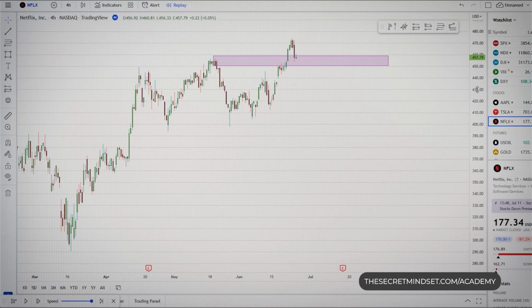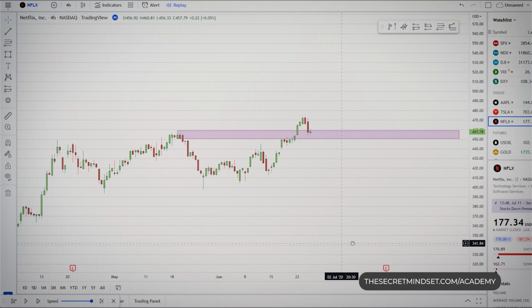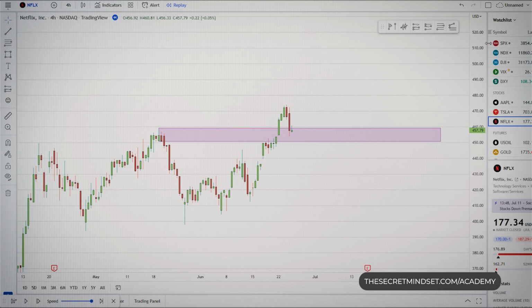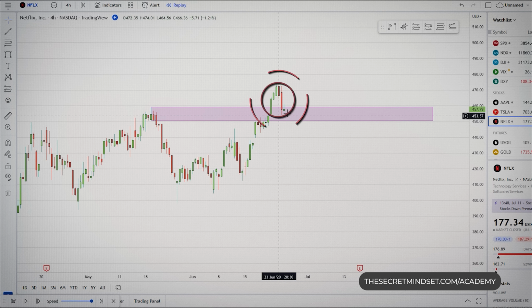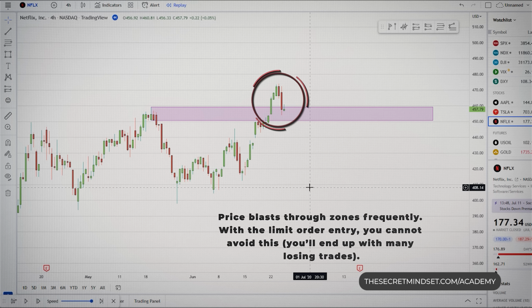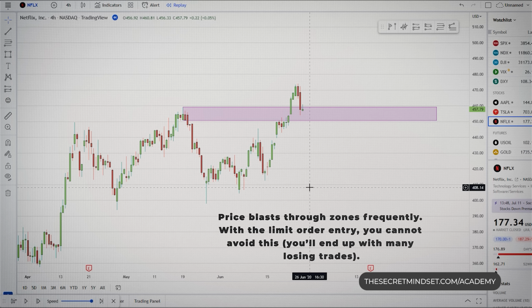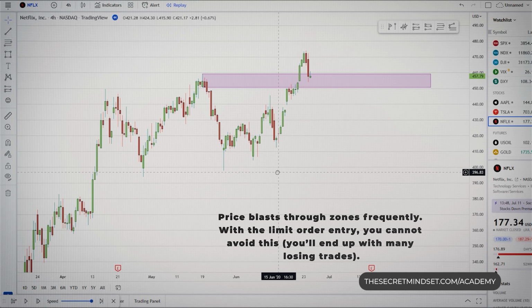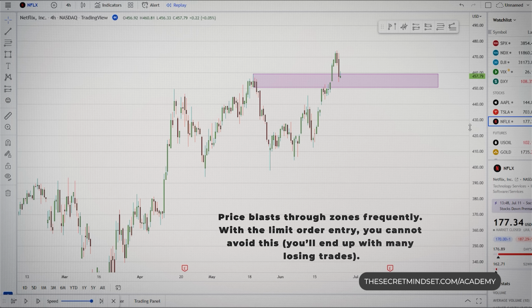This would not be a problem if all supply and demand zones worked all the time, but they don't. Price blasts through zones frequently, usually without stopping. With a limit order entry, you cannot avoid this, so you'll end up with many losing trades.